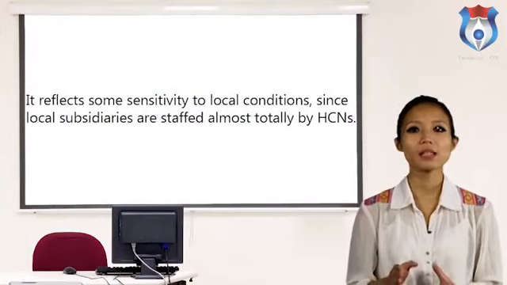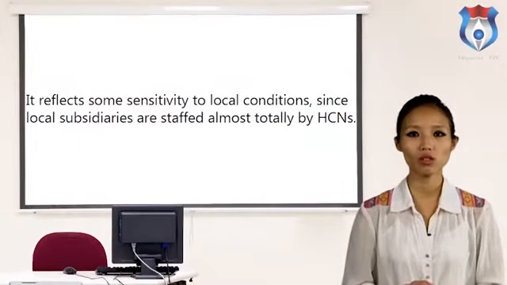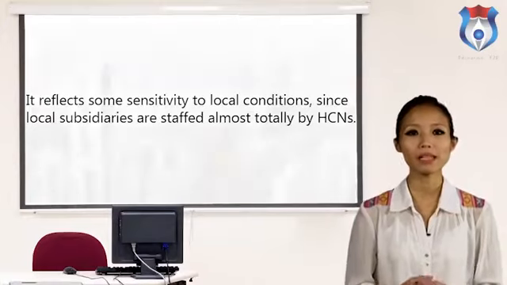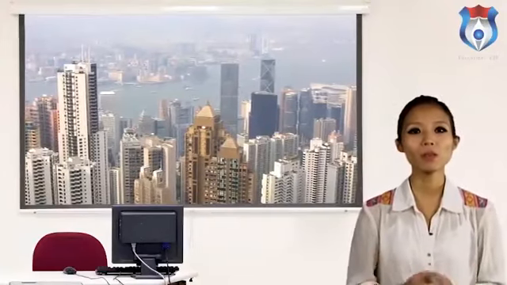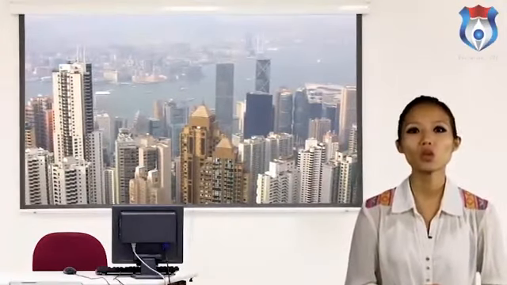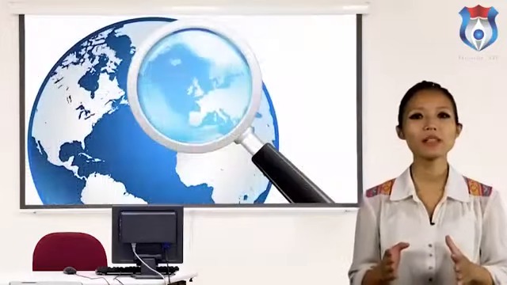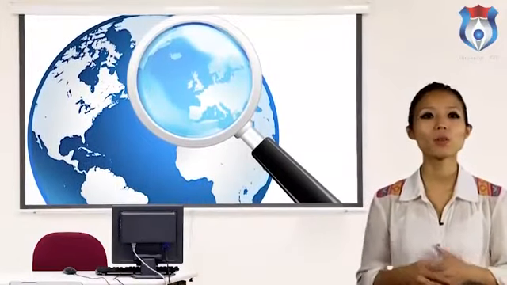It reflects some sensitivity to local conditions, since local subsidiaries are staffed almost totally by HCNs. It can be a way for a multinational to move more gradually from a purely ethnocentric or polycentric approach to a geocentric approach. Disadvantages of the regiocentric policy.